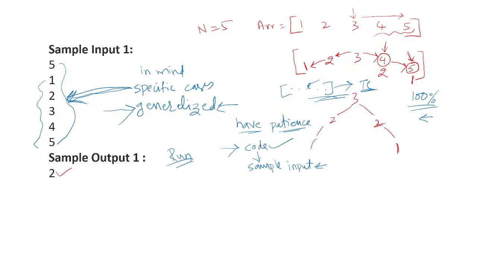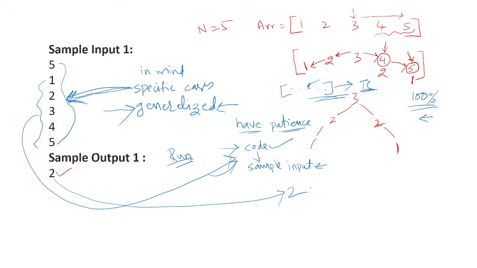If you can work on paper taking this input, executing your code on paper, and arrive at this output, then definitely you are on the correct way. So go to the next test case. Again take an input on paper and do this. If you can generate the output on paper itself, that means you have 100% written the correct code.